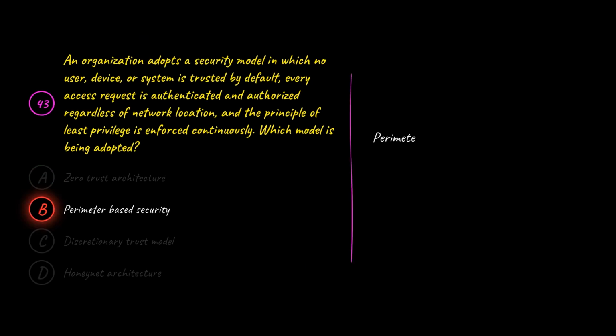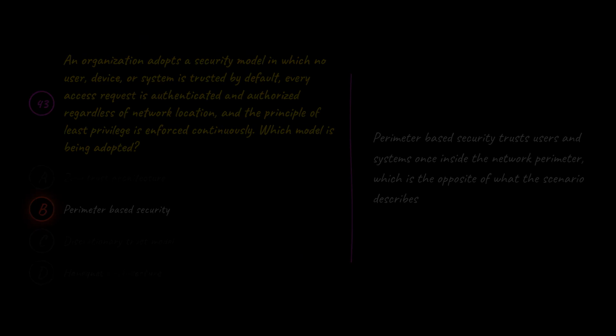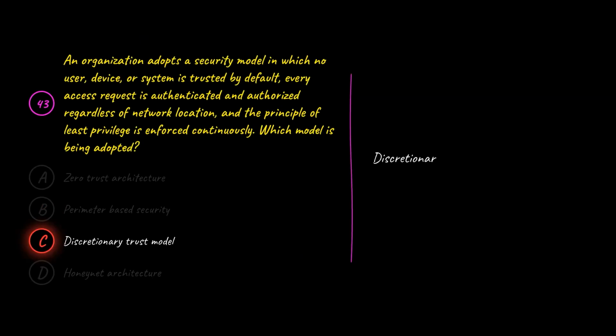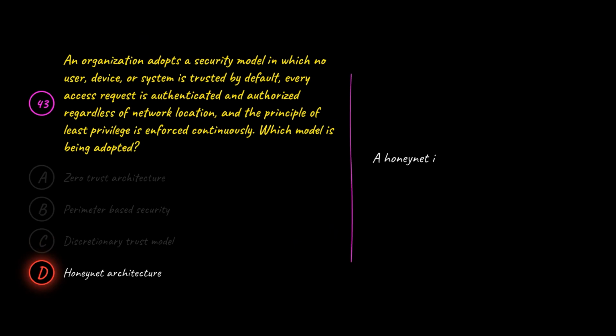B is wrong because perimeter-based security trusts users and systems once inside the network perimeter, which is the opposite of what the scenario describes. C is wrong because discretionary trust is not a standard recognized security architecture. D is wrong because a honeynet is a deception environment, not an overall trust model.